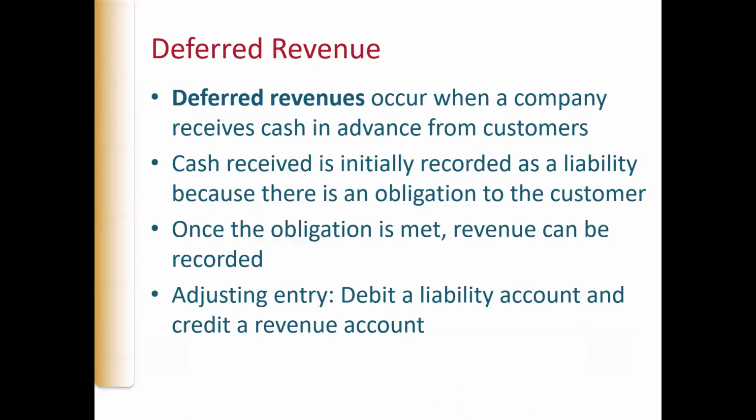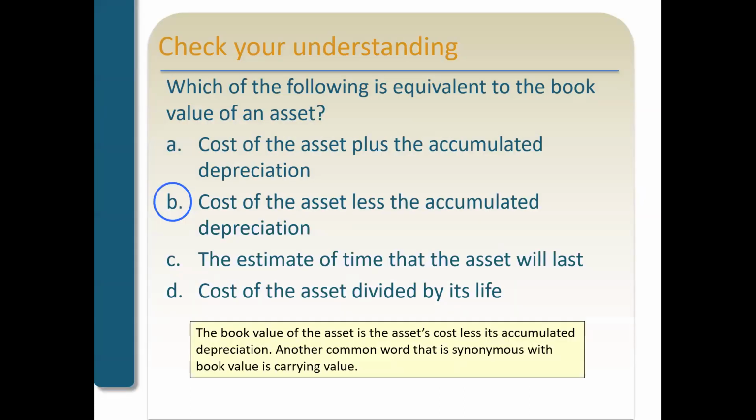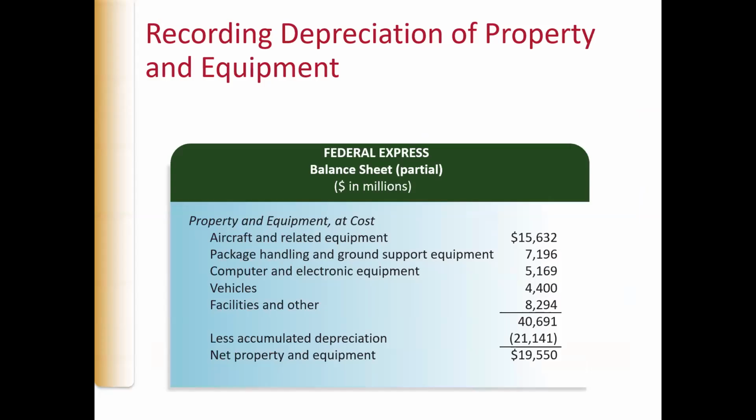When we record depreciation, we show the assets at their cost. As you see here, the aircraft, 15 billion 632, package handling and support equipment, computers, vehicles. We show the total cost at what we purchased them for.